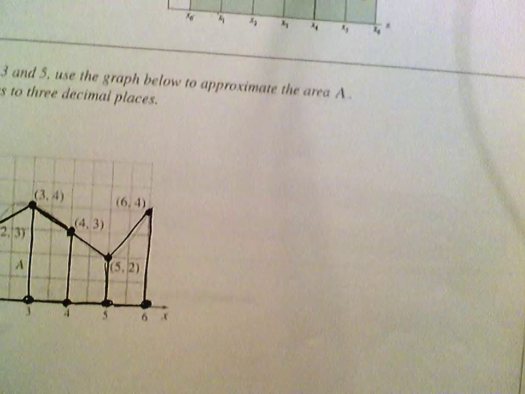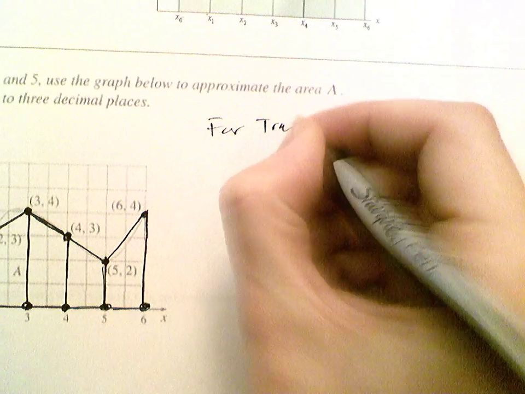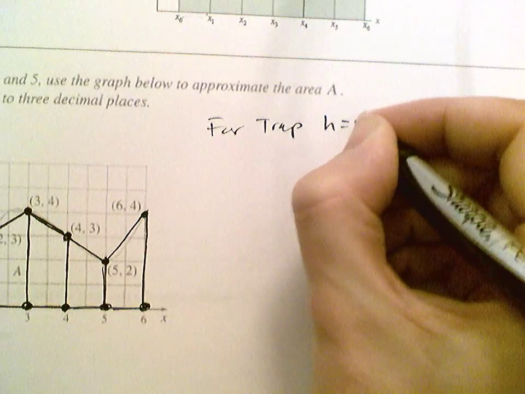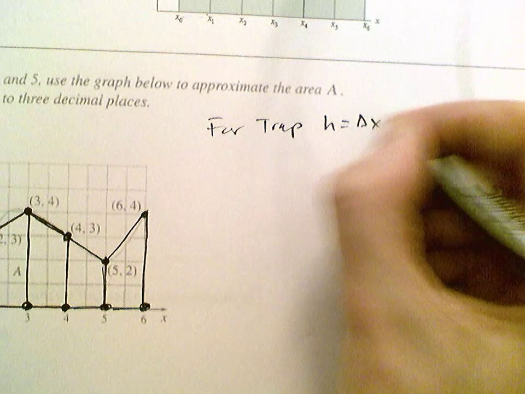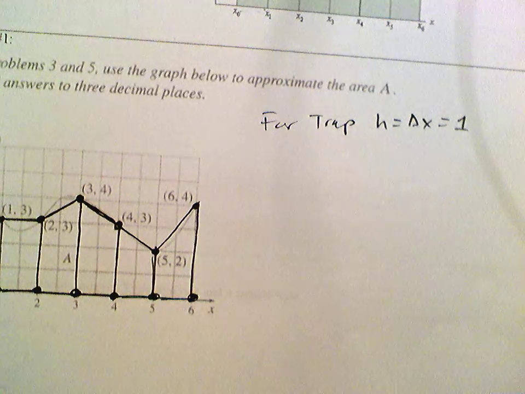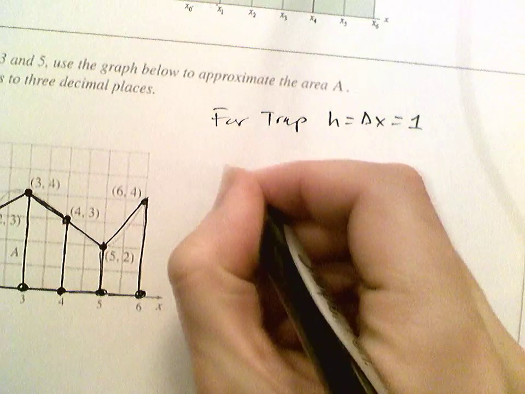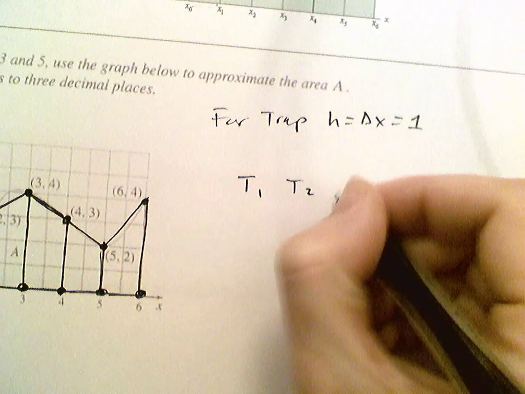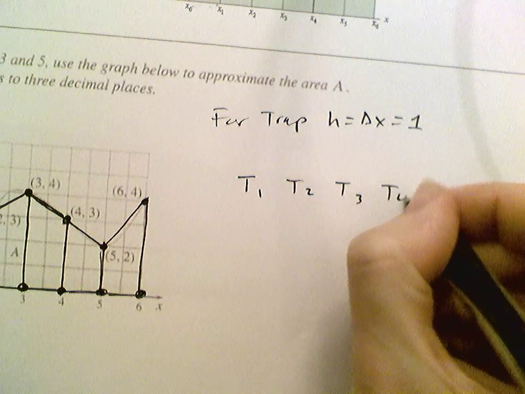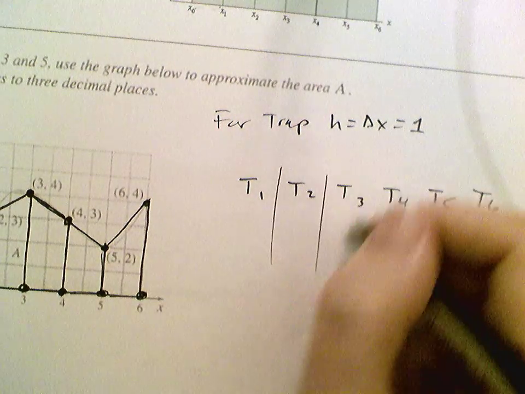Just be aware that for a trapezoid, h is equal to delta x. So in this case, delta x is just 1. The change in x there is just 1. So I have 6 trapezoids, so I'll go T1, T2, T3, T4, T5, T6.